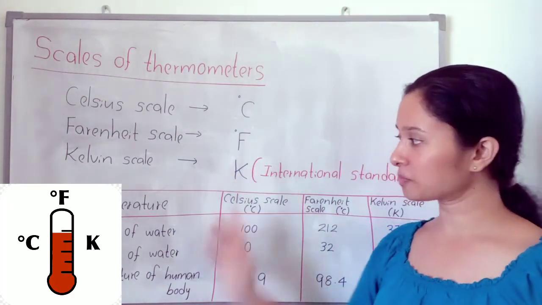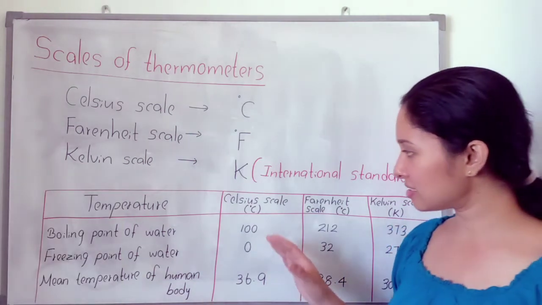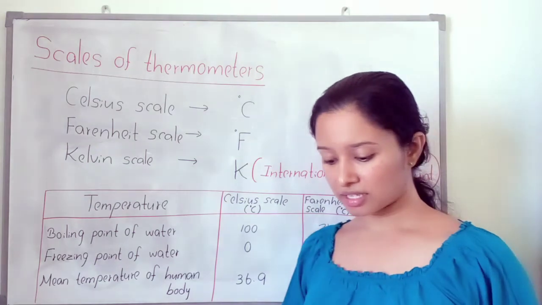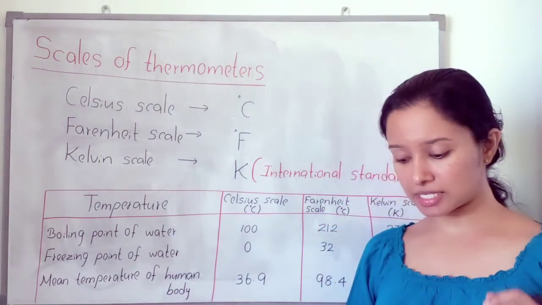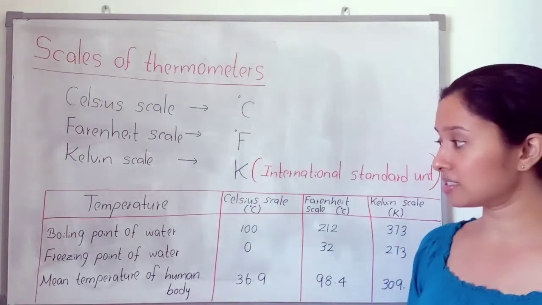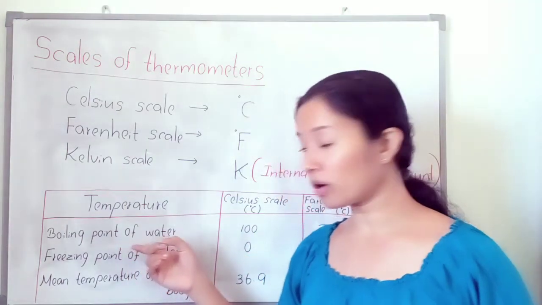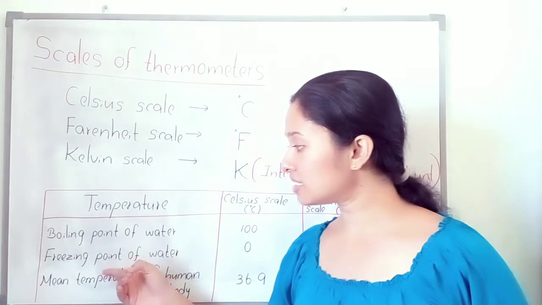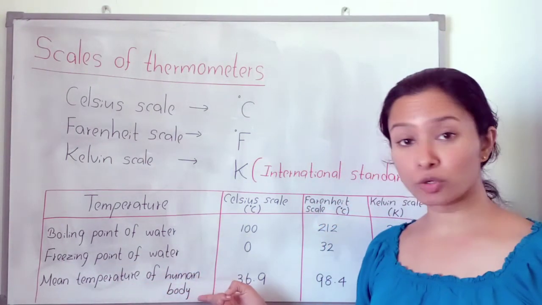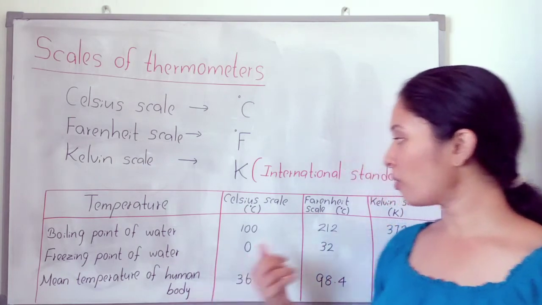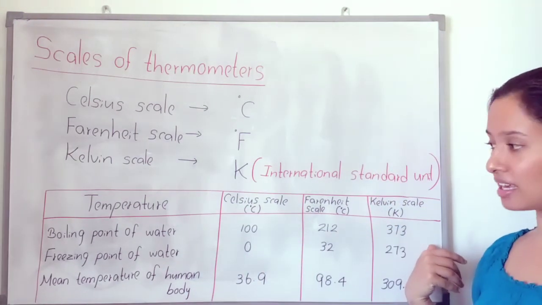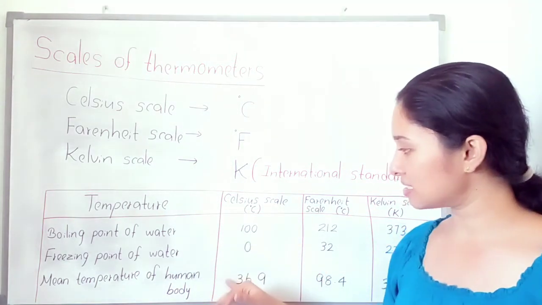The Kelvin scale. And look at this table. In this table, they have mentioned the equivalence between principal temperature scales. There are some principal temperature points like the boiling point of water, the freezing point of water, and the mean temperature of the human body, in Celsius, in Fahrenheit and in the Kelvin scale. So, you know the Celsius scale.